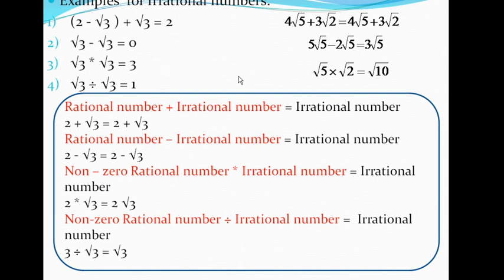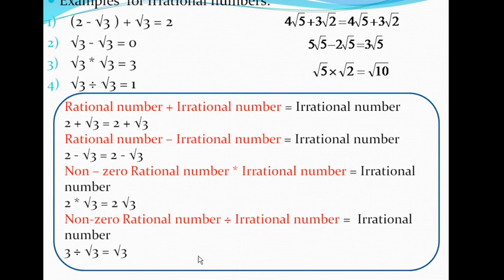When both are irrational, the result may be rational or irrational. And if one is rational and one is irrational, the result is always an irrational number. See the example, 2 plus root 3, this is addition. This is a rational number, this is irrational, and again it gives irrational. Similarly for subtraction, multiplication, and division.